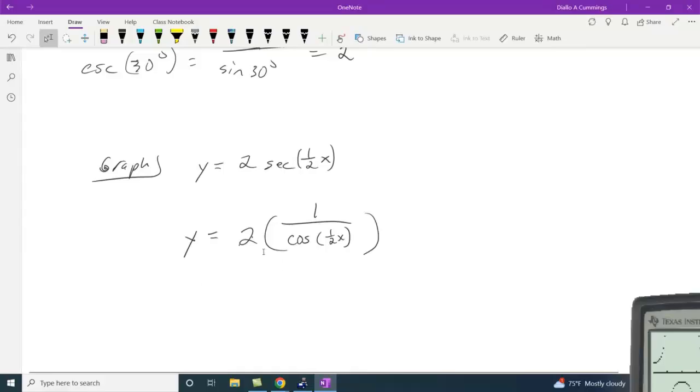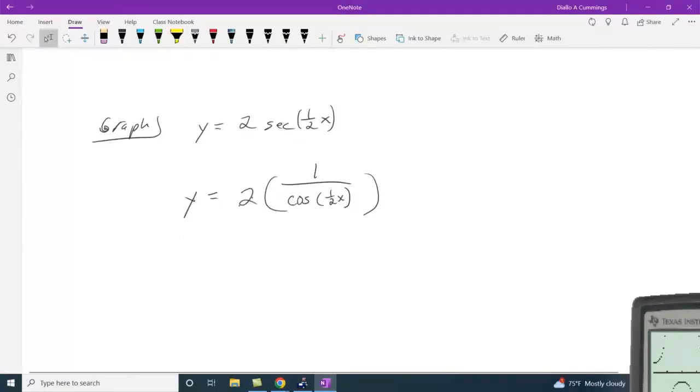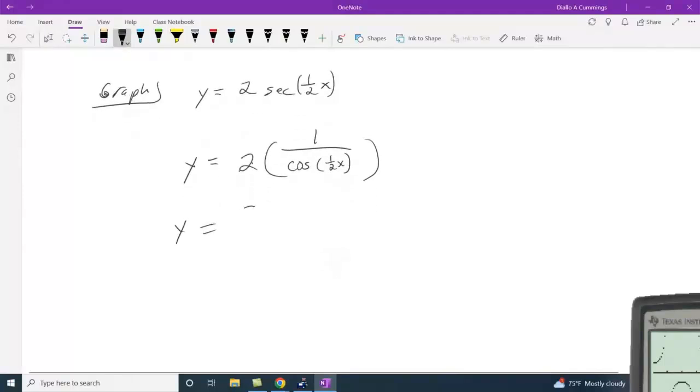What I want to do from this point is combine this into one term. So I can make 2 a fraction. So I'm going to just put that over 1. Now I'm going to multiply my numerators, multiply my denominators.